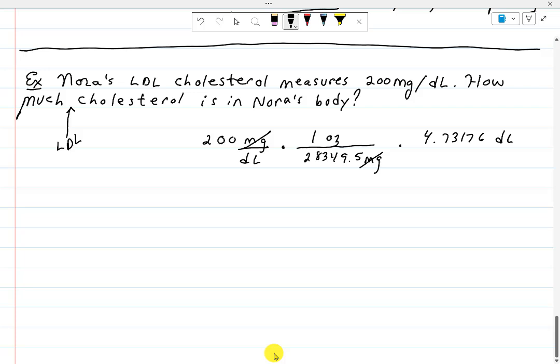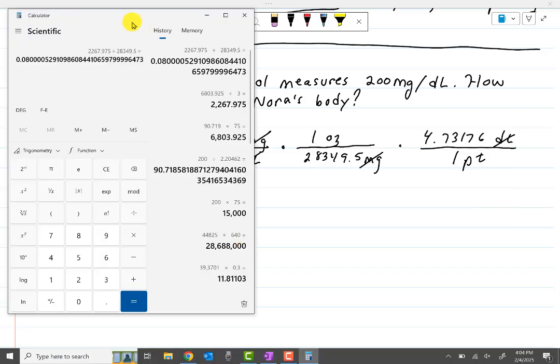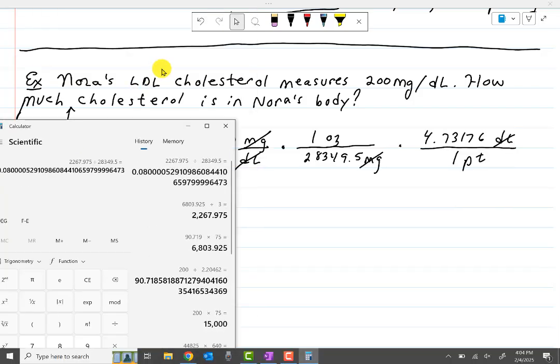So that was deciliters per pint. This way the deciliters cancel out, and it looks like I'm going to have ounces in the numerator and pints in the denominator. So I'll have ounces per pint. Let me go ahead and do all these computations. So you can simply multiply all the top together.